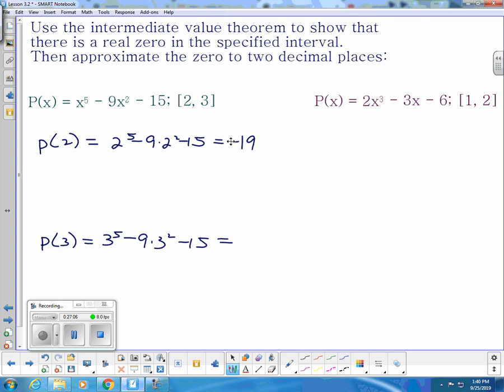I get negative 19 for the first one, and positive 147 for the second one. So that means I have a negative and a positive answer. There's got to be a 0 that exists between the interval 2 and 3. Which one is it closest to, 2 or 3? 2, right? Negative 19 is closer to 0 than 147.